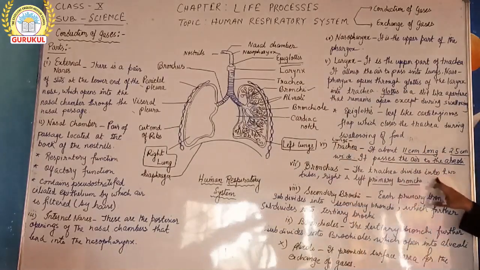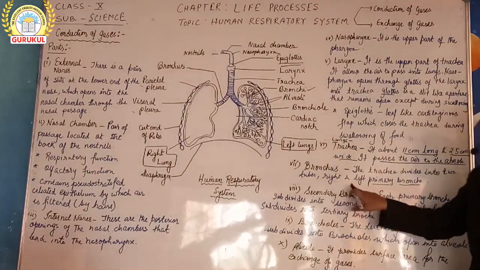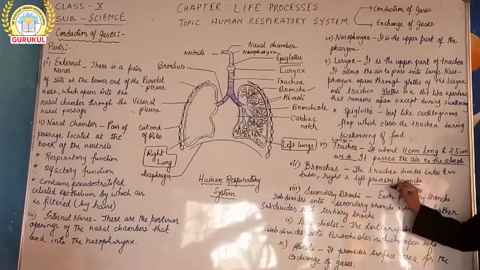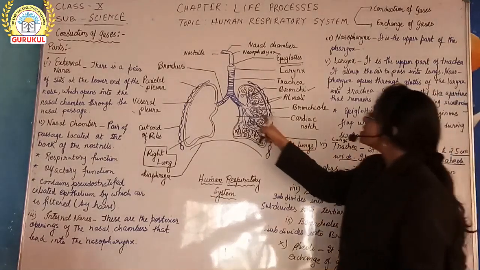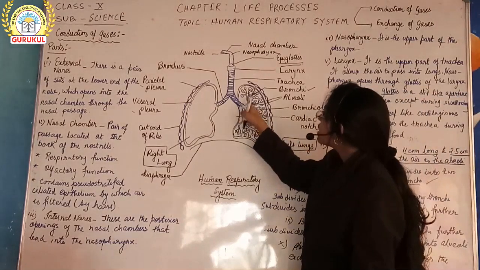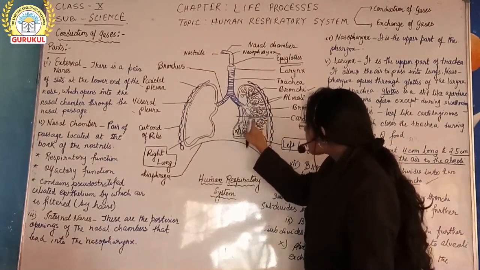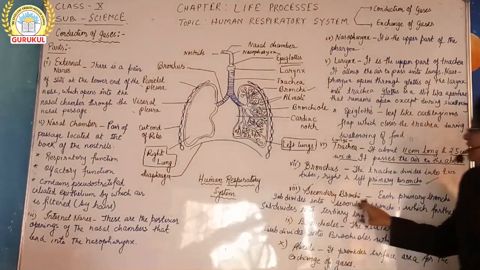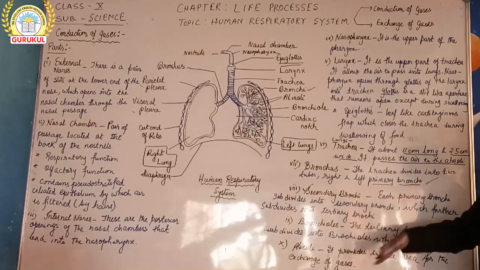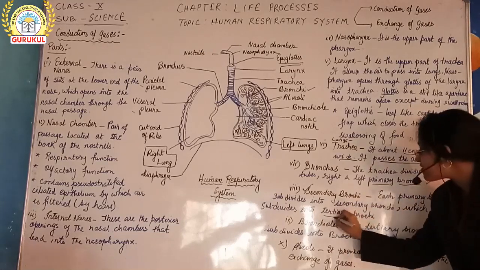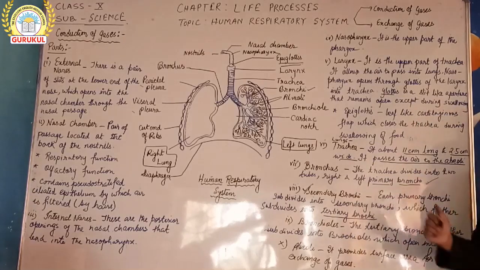The trachea divides into two tubes, right and left, known as primary bronchi. Now these primary bronchi further divide into secondary bronchi. And then the secondary bronchi further divide into tertiary bronchi.